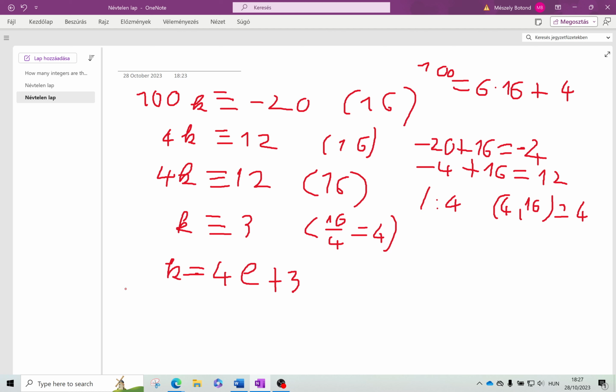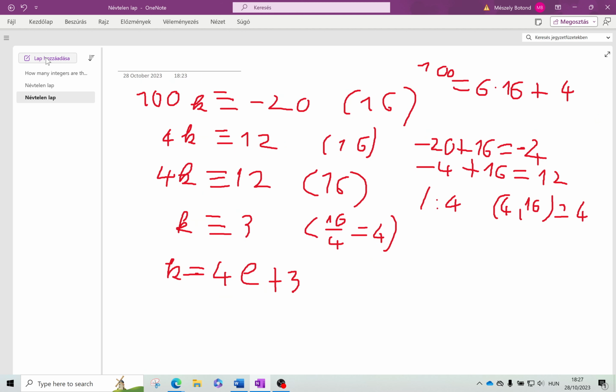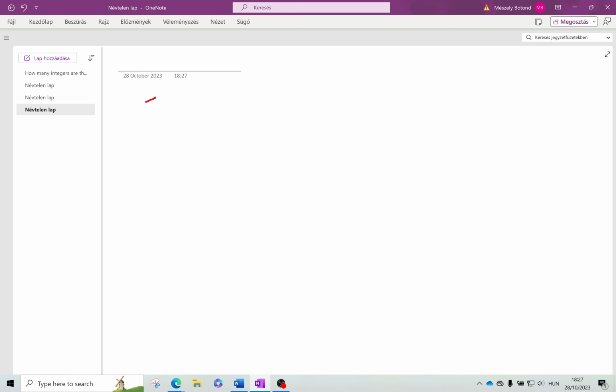So very good, we have this equation and we had this equation. What do we do now? Well, we write it back. So we have 100k plus 34. This is n.